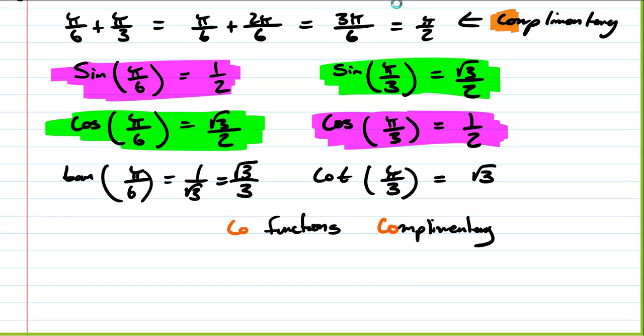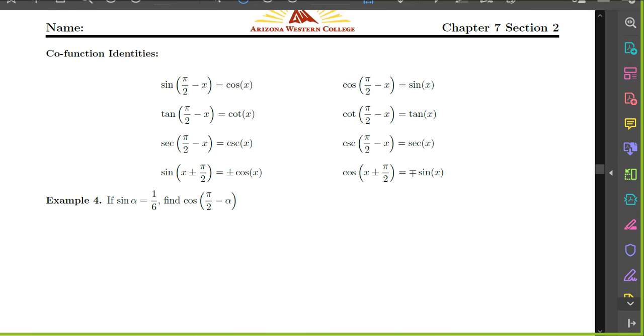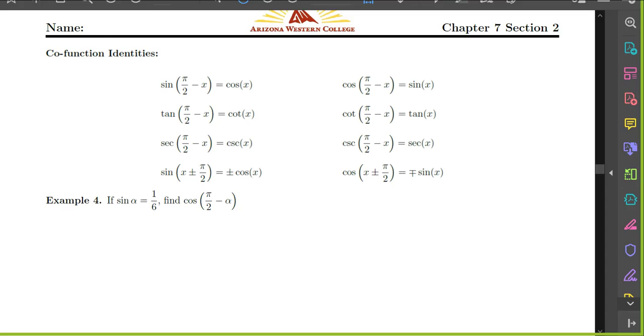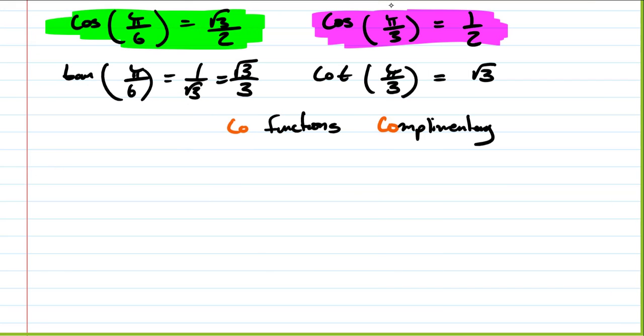So we're going to have this relationship. Specifically, the relationship is this. We have the following, which are our cofunction identities.